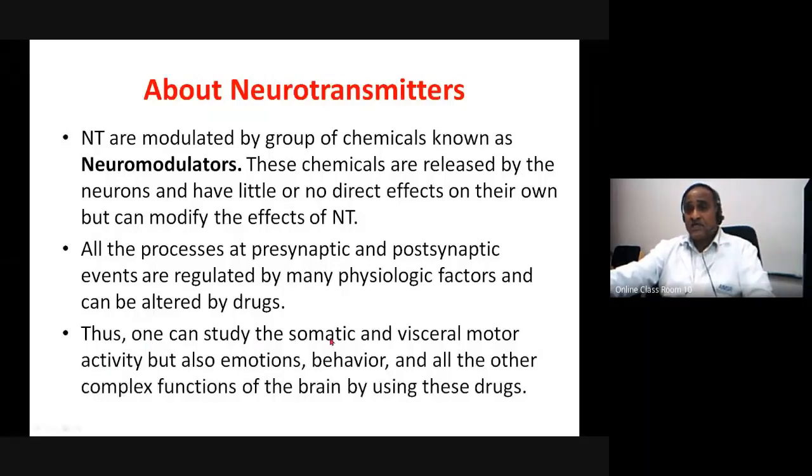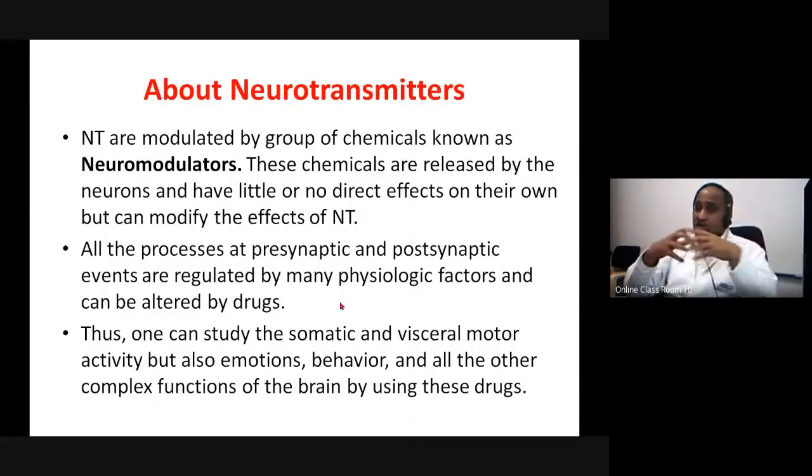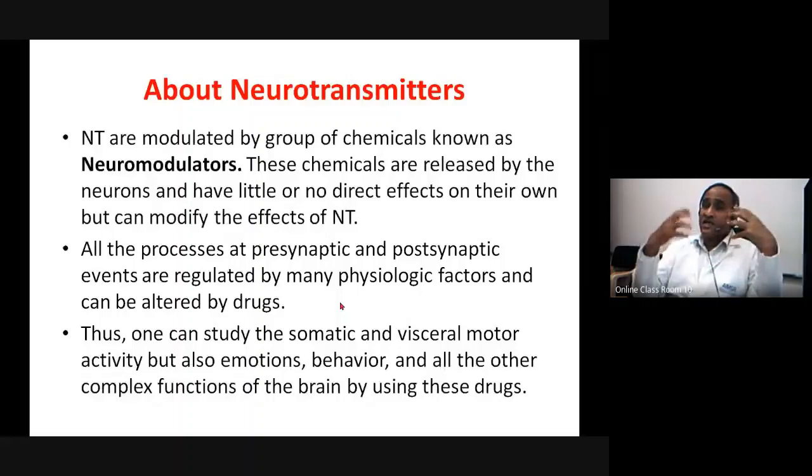Thus, one can study the somatic and visceral activity, and also the emotion. What is emotion? Emotion is a complex mixture of synaptic transmission. If I am angry, there are several synaptic things. They get excited and ultimately release adrenaline and noradrenaline, and even bring about certain hormonal changes.